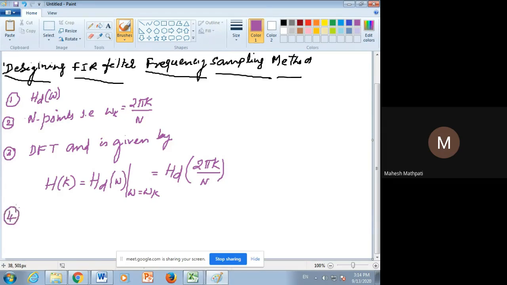Then step 4. Have you finished step 3? Yes, sir. Step 4: thus H of k is the N-point DFT.